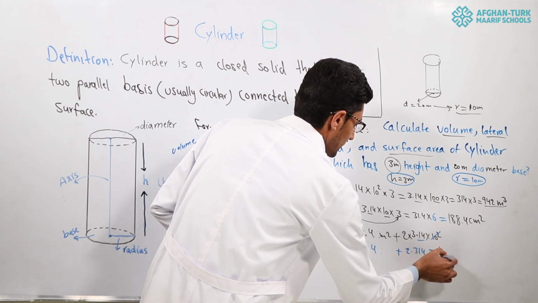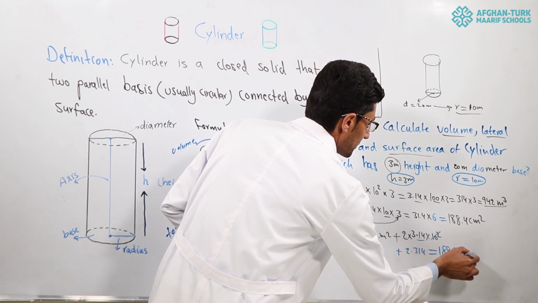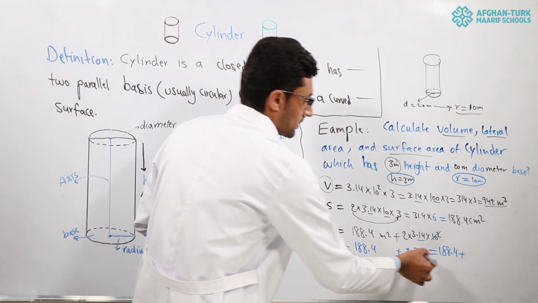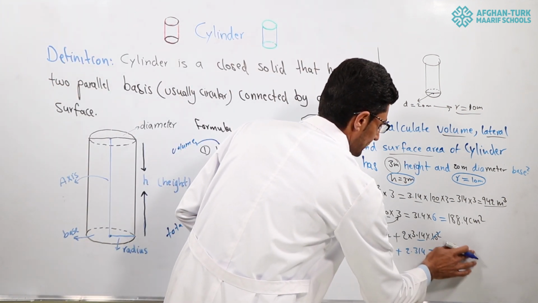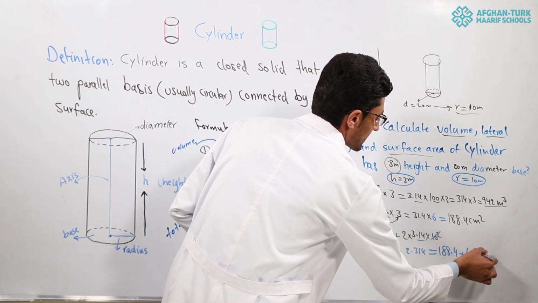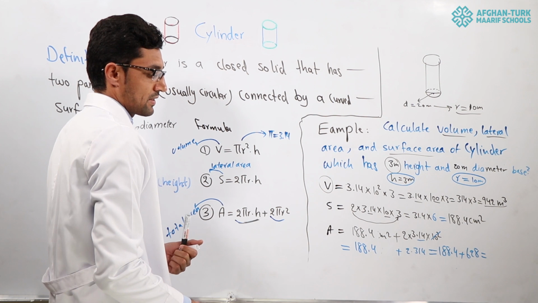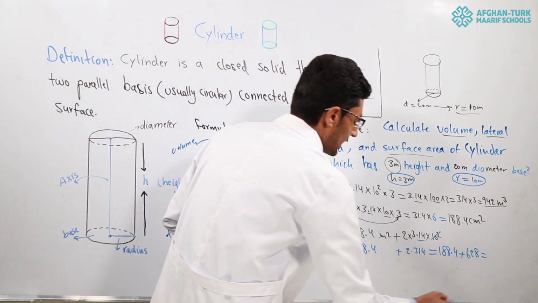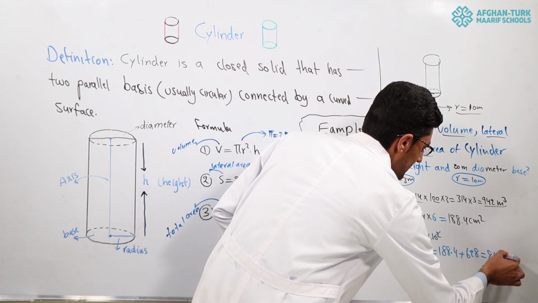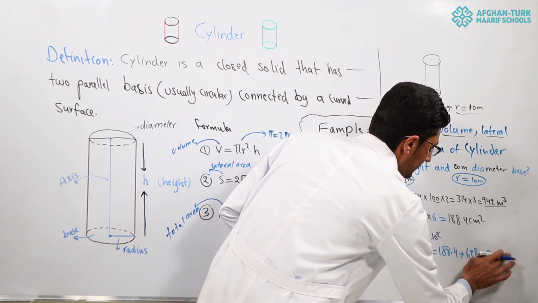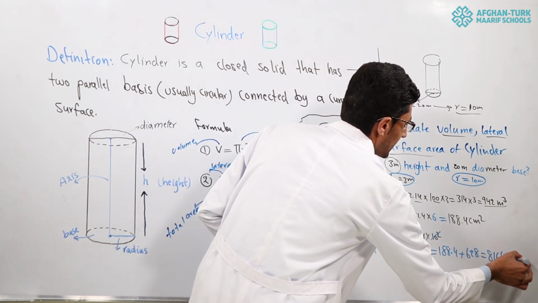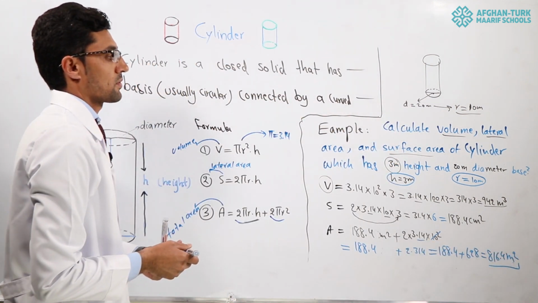So 188.4 plus 2 multiplied by 314, which is 628. What will be the last result? It will be 816.4, and because it is A, the unit will be meter square.